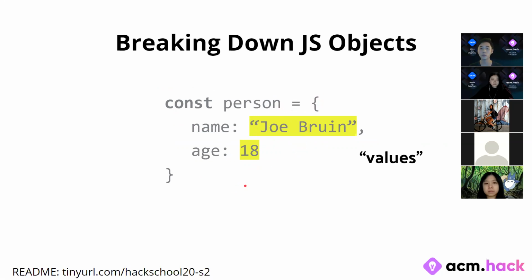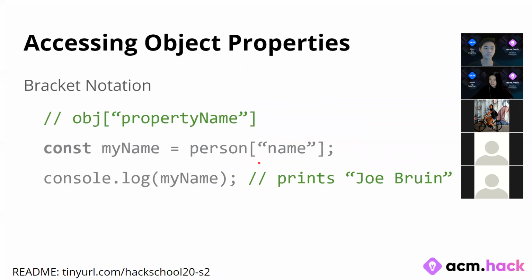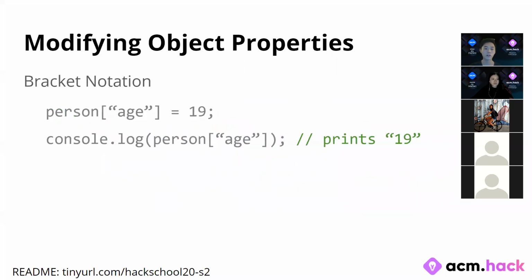There's no instance, we're not talking about instances right now. This is just another form of data for us. So when we modify the age in this specific variable, we're just modifying the age property in this specific object.